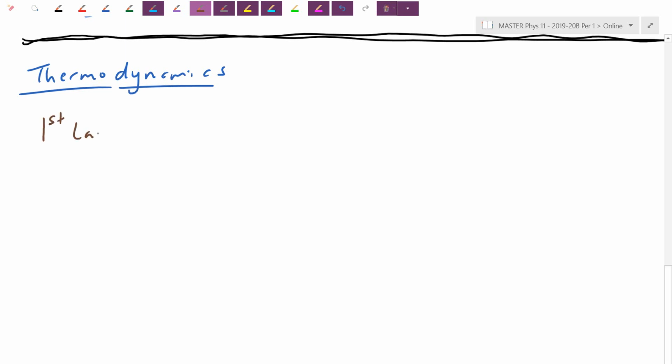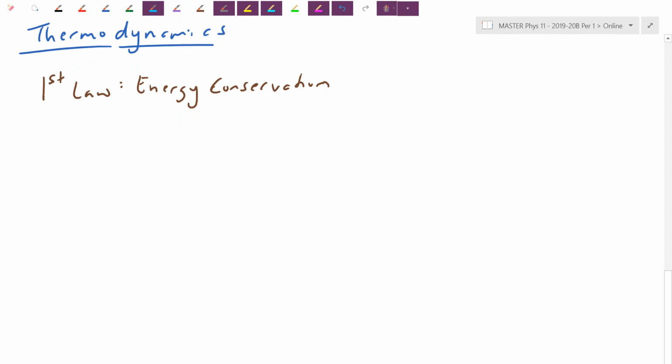We have something called the first law of thermodynamics. The first law of thermodynamics here is basically a statement of energy conservation. So we've said this before, energy cannot be created or destroyed, they just word it a little bit differently for the first law.